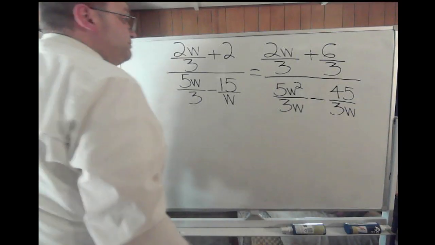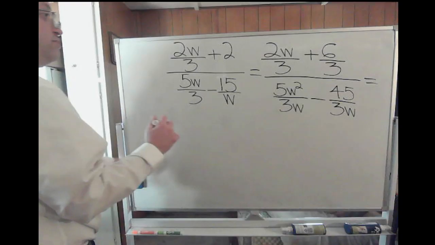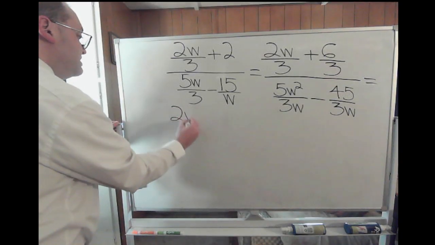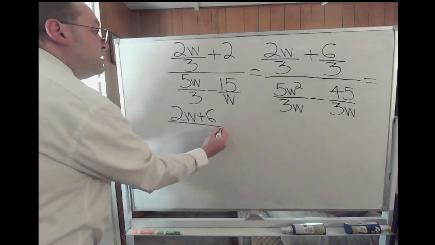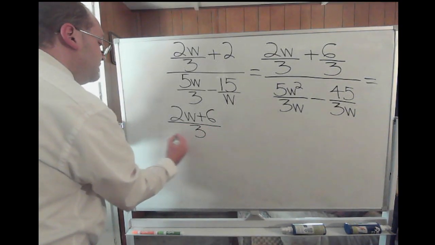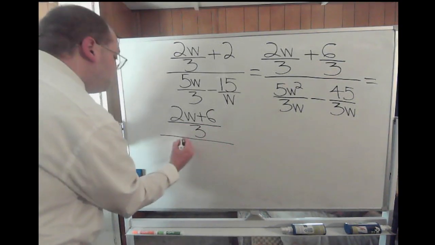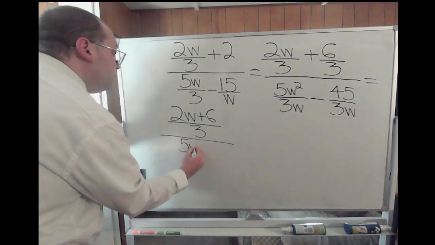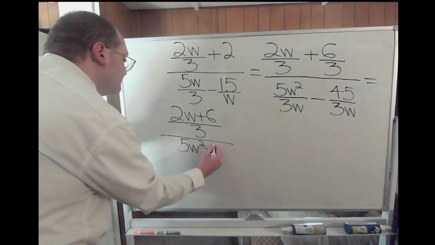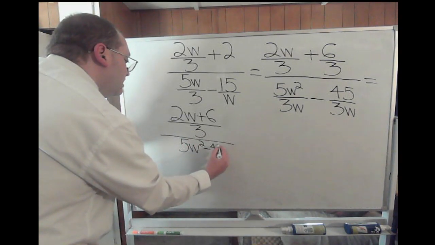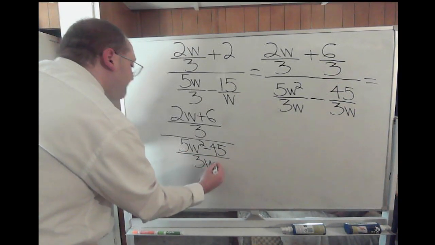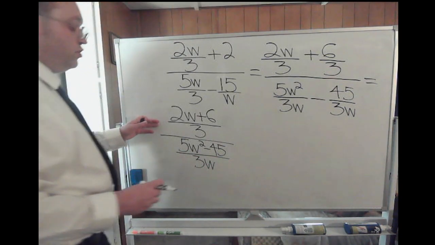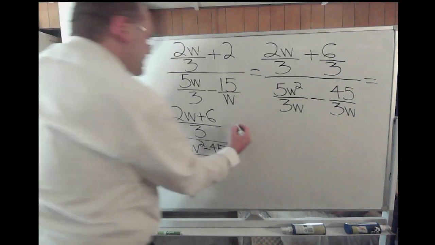So now, when you add these together in each of the numerator and denominator, you'll have 2w plus 6 all over 3, all over 5w to the second minus 45, all over 3w. Now we've got it to a point where we can invert and multiply.